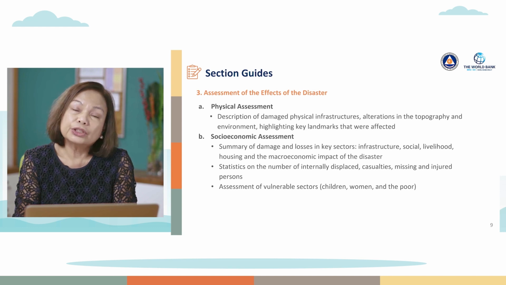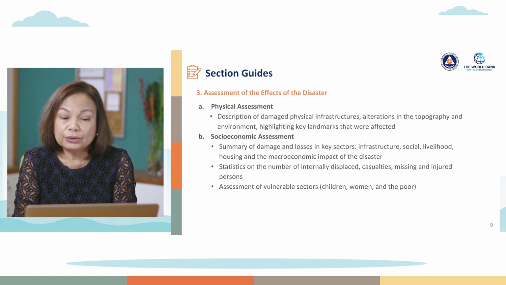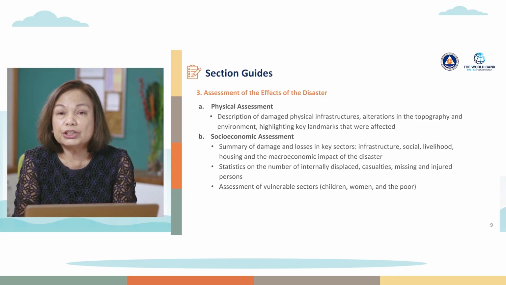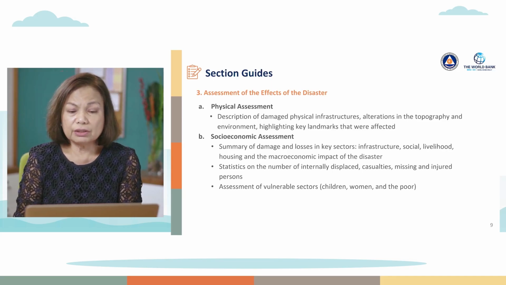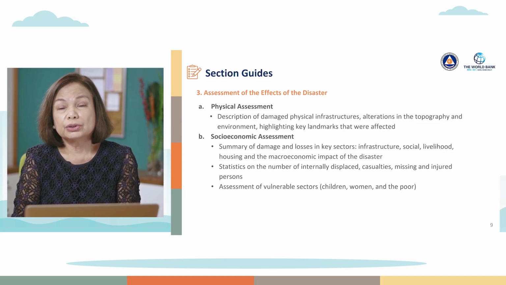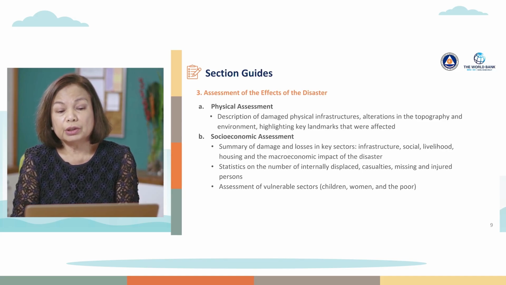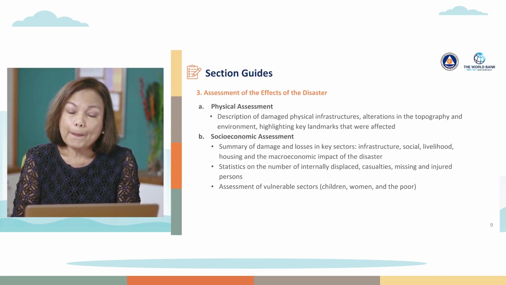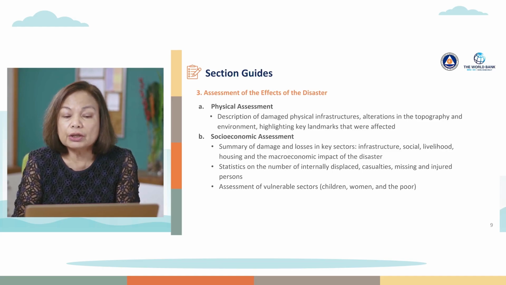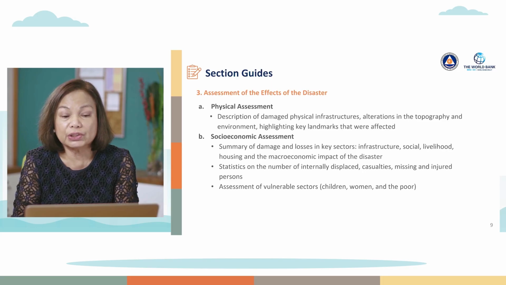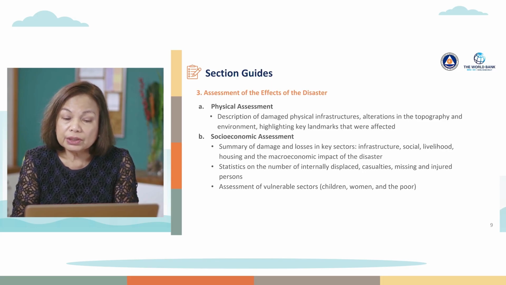In the case of the socio-economic assessments, you will include the summary of damage and losses in key sectors. Madalas na sinasabi natin, this involves infrastructure, social, livelihood, housing, and the macroeconomic impact of the disaster, and the statistics on the number of internally displaced, casualties, missing and injured persons.